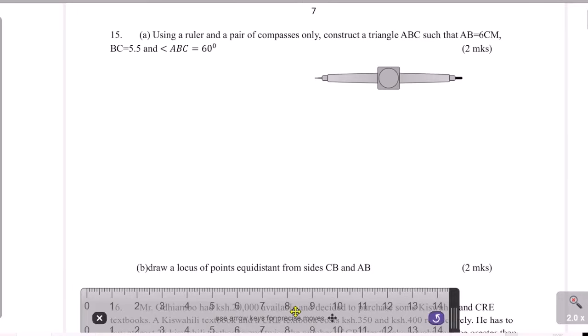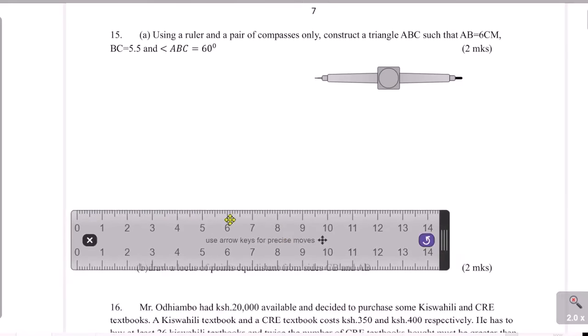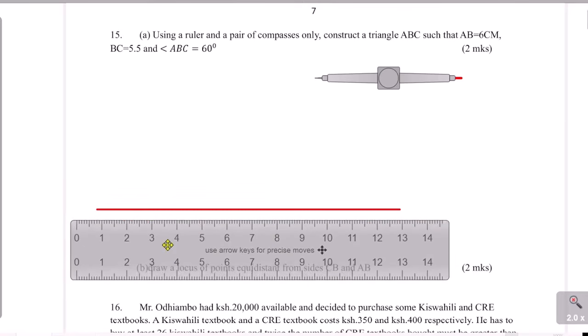So start by drawing the baseline as AB. So the baseline is AB. So we draw that. The baseline to be AB, and that one should be how many centimeters? AB is 6 centimeters. So place a point there.